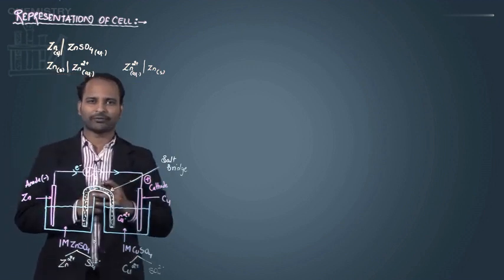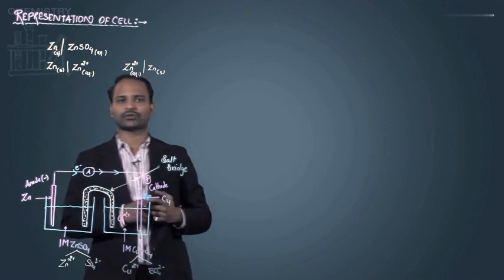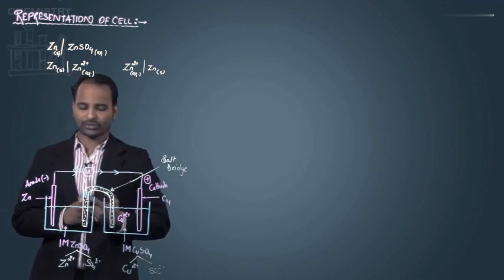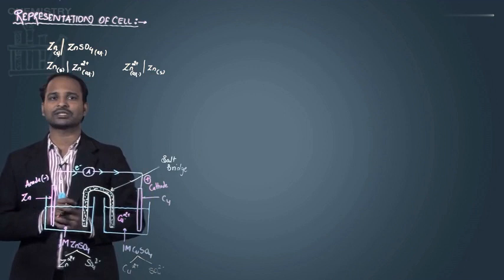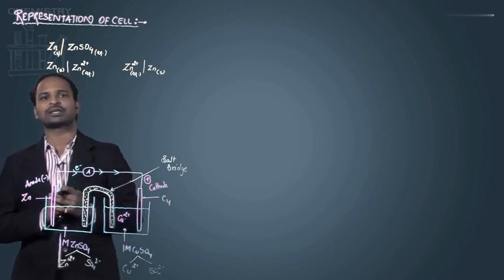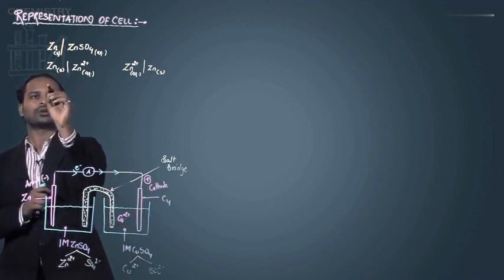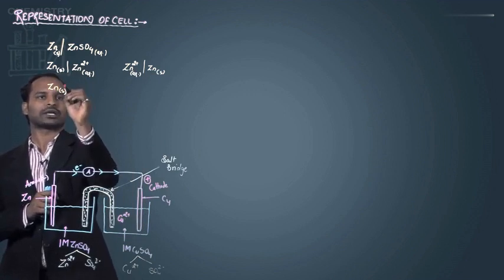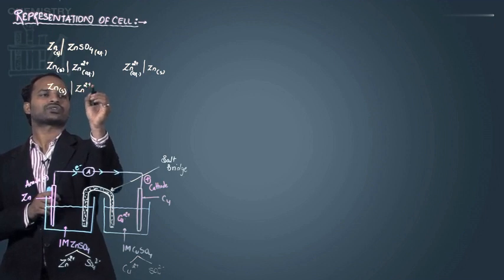Then the rule says that if you know the concentration of the electrolyte, it is better to write the concentration also. Here I know the concentration of the zinc sulfate, which is represented by the zinc ion in the representation. So write zinc in solid state, then zinc ion whose concentration is 1 molar.